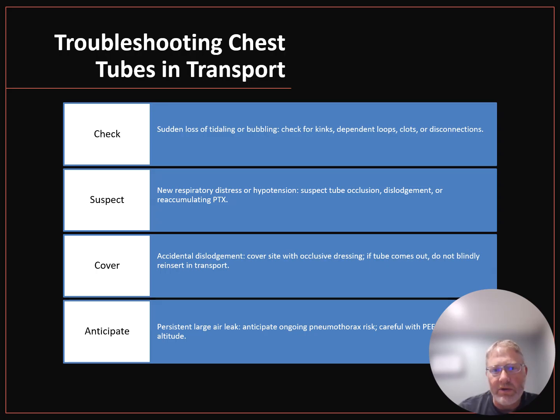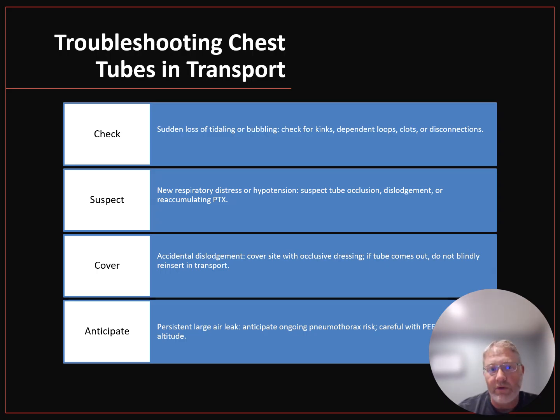If the patient develops new respiratory distress or hypotension, you should suspect that the tube may be occluded or even dislodged, and that the pneumothorax or the hemothorax is reaccumulating.